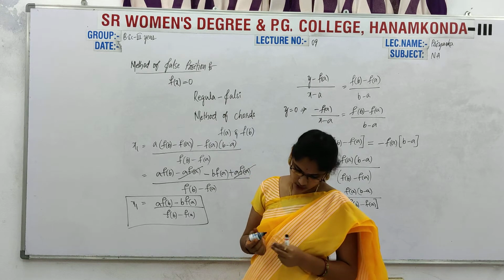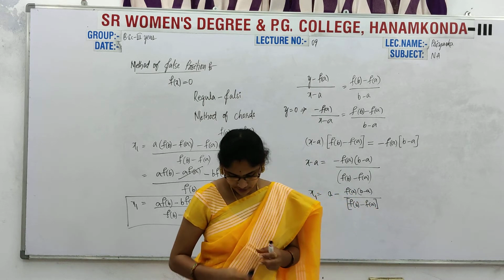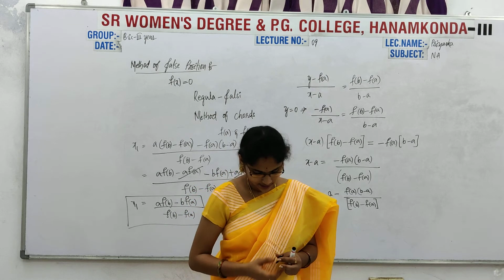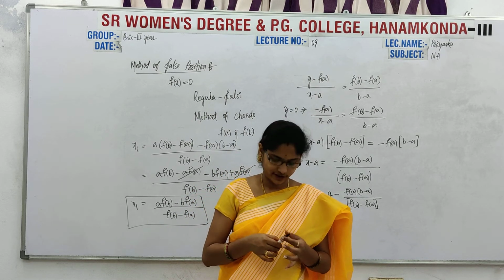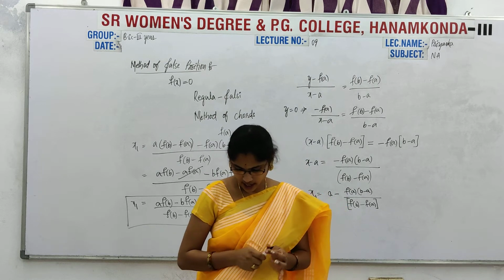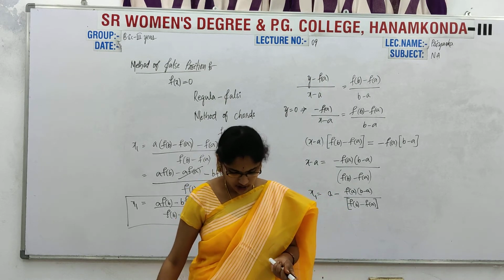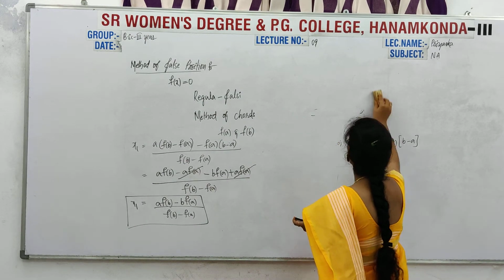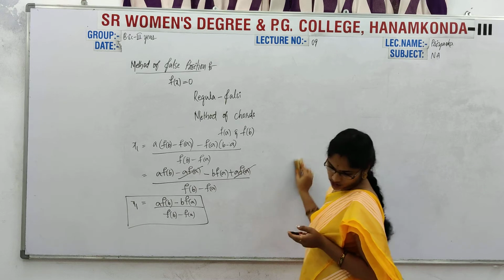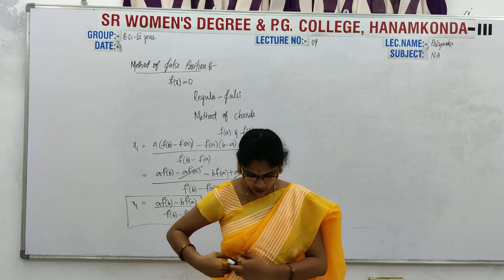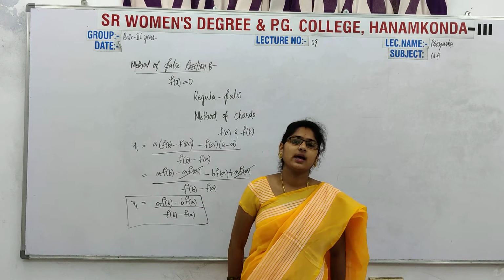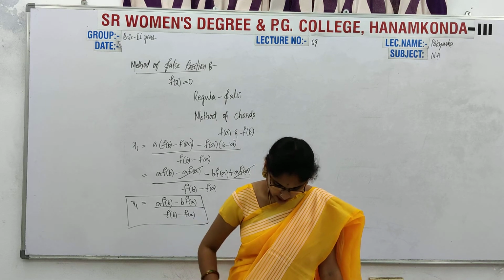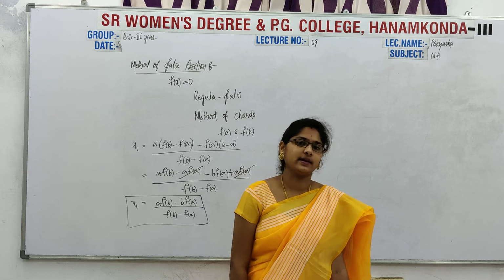Next line: if f of x1 and f of a are of opposite signs, then the root lies between a and x1.